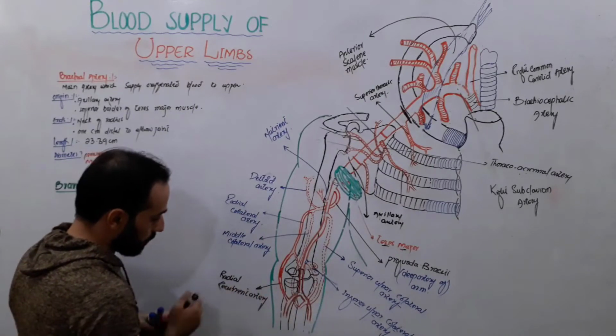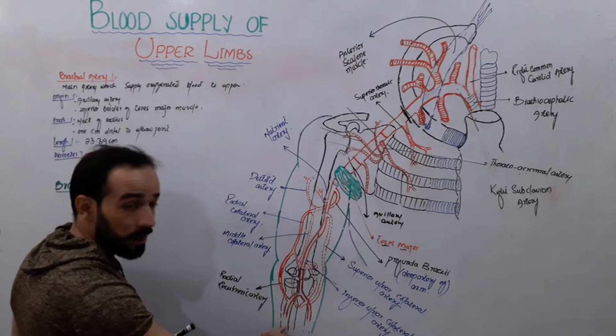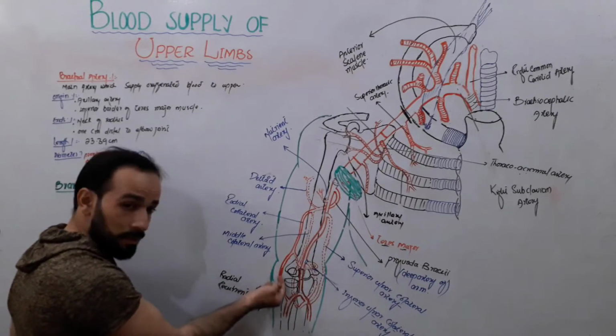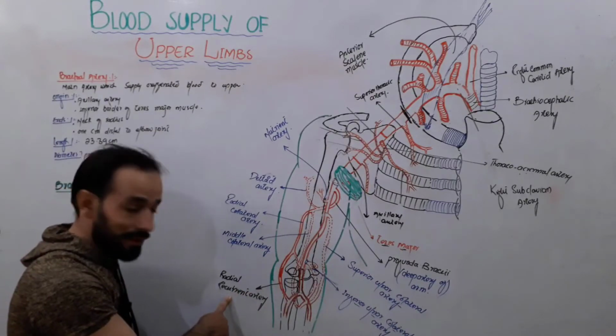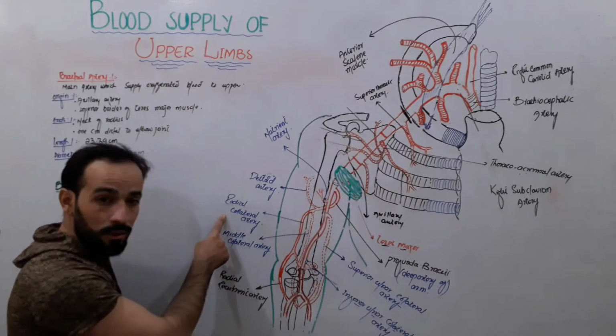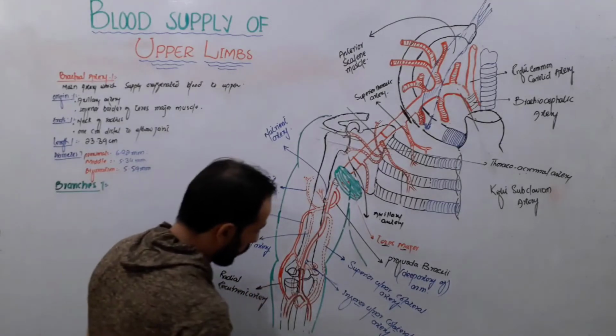Look, this is the radial artery, so the radial artery gives us a recurrent branch, called the radial recurrent artery. And it joins with what? It joins with the radial collateral artery. Okay, done with it.